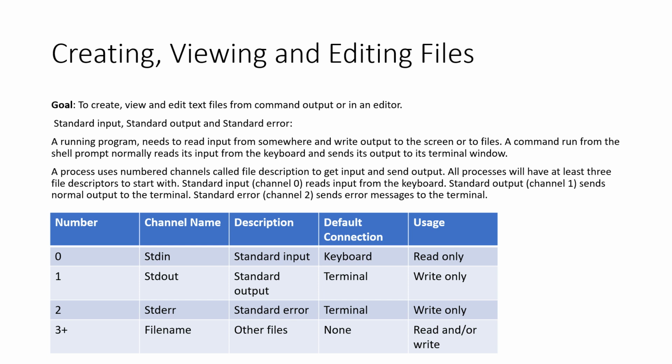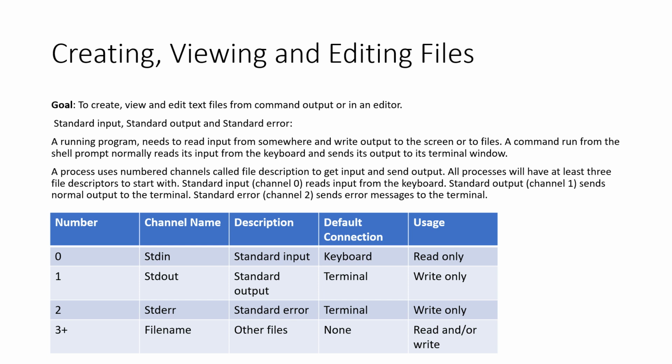Okay, so this table below will explain what the numbers are, what the channel names are, the description, default connections and the usage of those particular channels. Number 0 means standard input, and the default connection is the keyboard, meaning whatever you type through your keyboard, it will take as standard input.